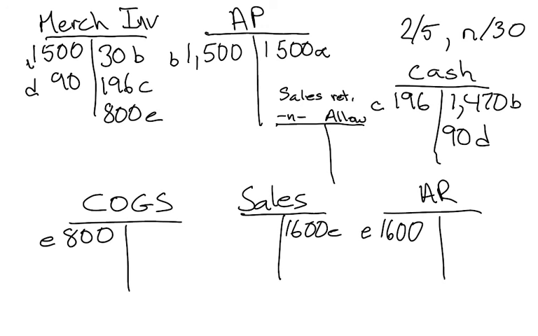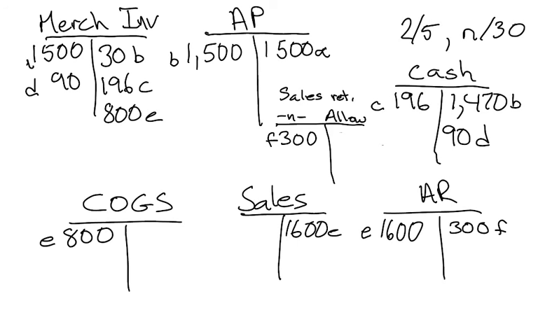And so we're going to credit that account for the return, and we're going to debit... I made a mistake here. We're actually not going to credit that account. We're going to debit the sales returns and allowances account, and we're going to credit the accounts receivable.